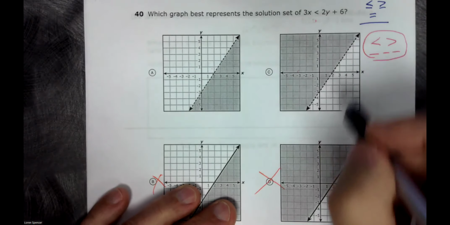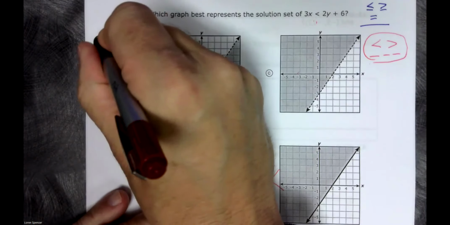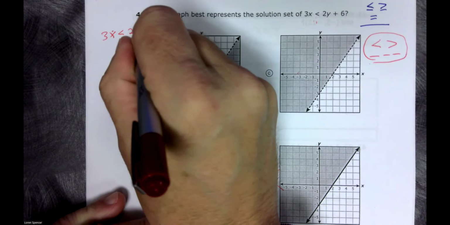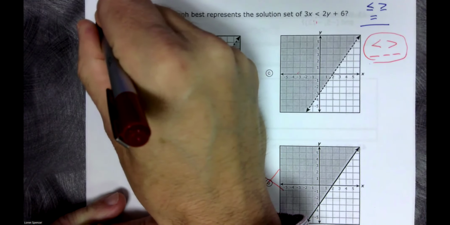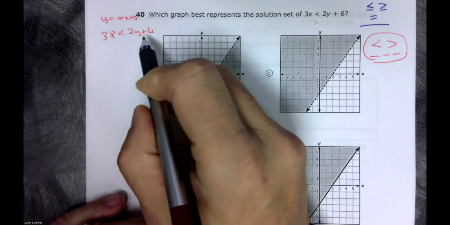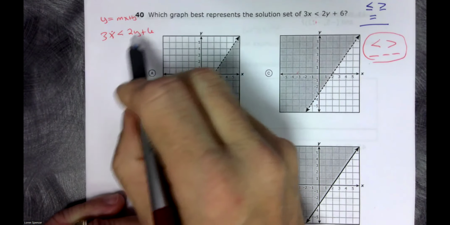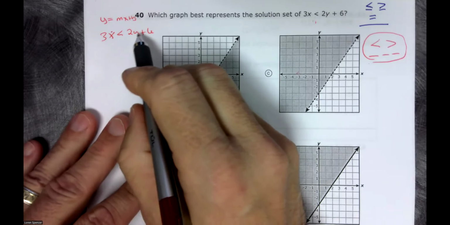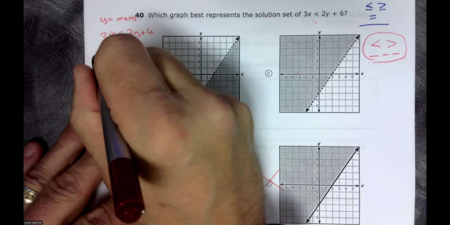So if I rearrange it, I'm going to take that 3x less than 2y plus 6. And when I rearrange it, I want it to look like y equals mx plus b. Well, I could just flop the whole thing over, or I can do math operations. I'm going to rewrite the whole thing and go, you know what?